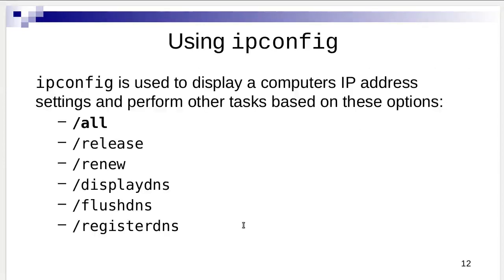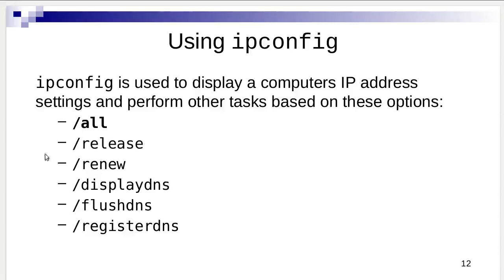Okay, chances are you've used ipconfig already, and it's usually used to display the computer's IP settings, and also do things like change DNS settings and DHCP settings. And so there are various options for doing that. You say ipconfig /all, or you can release your DHCP settings.